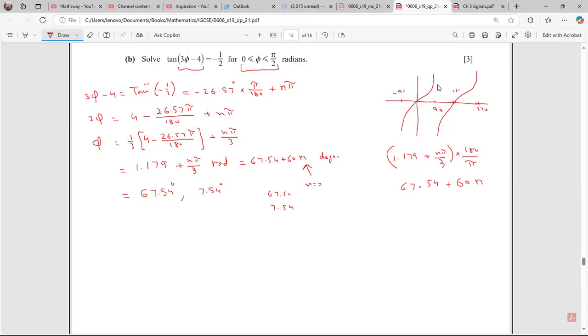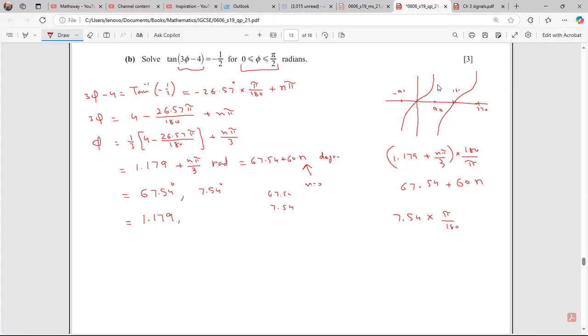I need to give the answer in terms of radians. So how will I do this? I will convert these numbers into radians. So when converted to radians, it will be 1.179, and the other one, 7.54 multiplied by pi divided by 180.